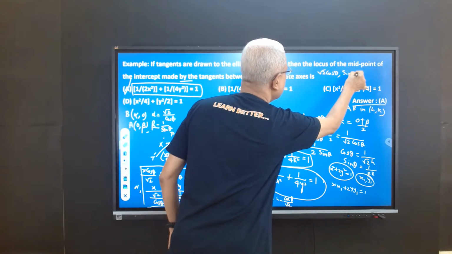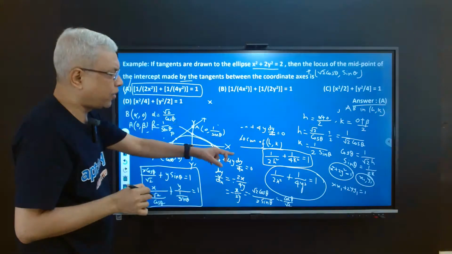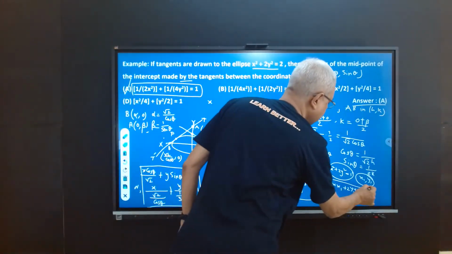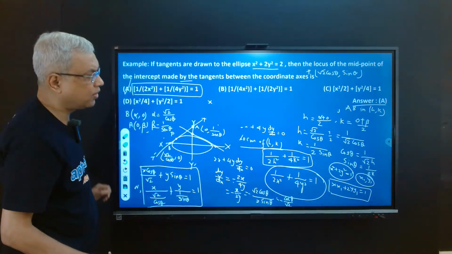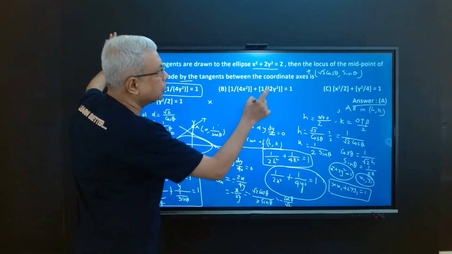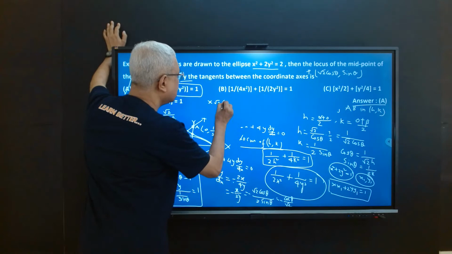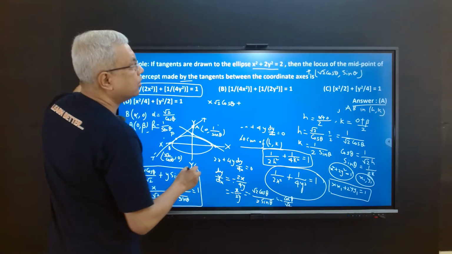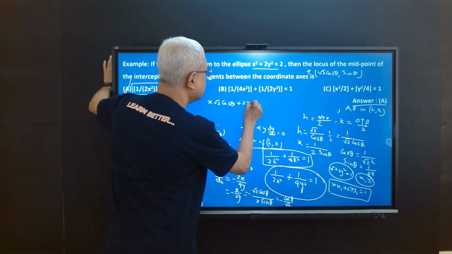At this point, this is the coordinate of P we started with. So at this point, what is the equation of the tangent? We can readily write like this, where x1 is root 2 cos theta and y1 is sin theta. So it is x into root 2 cos theta plus here 2y into sin theta.